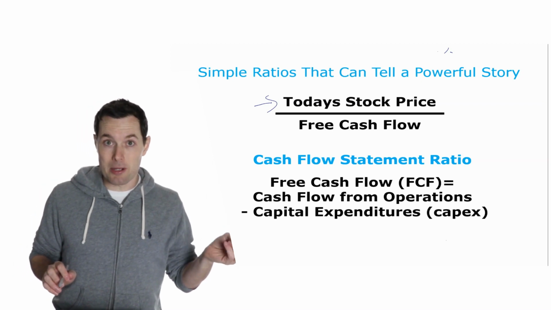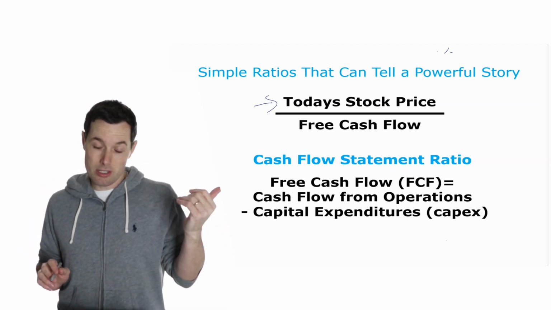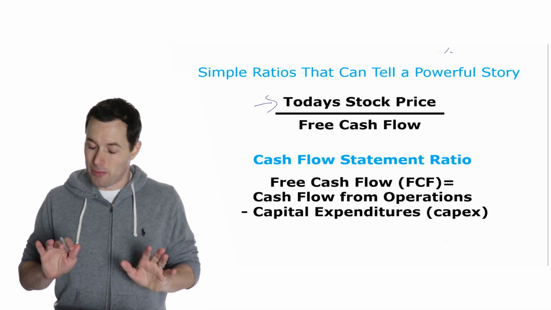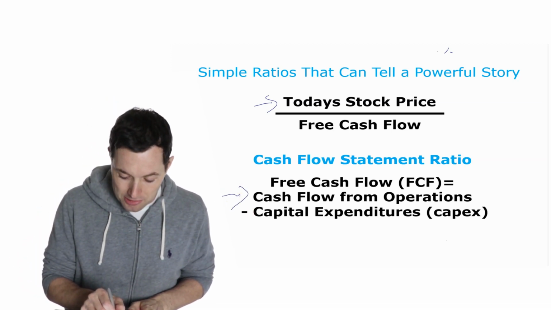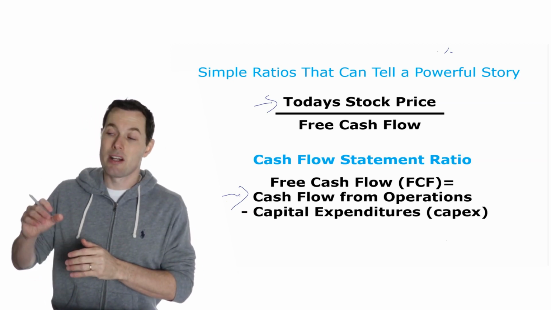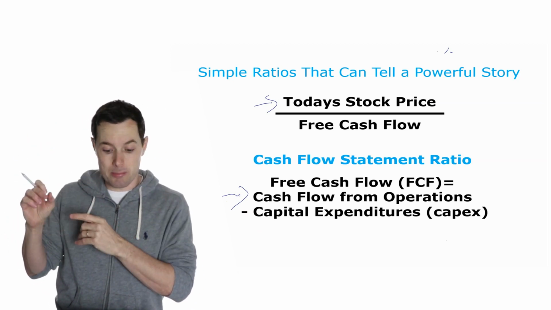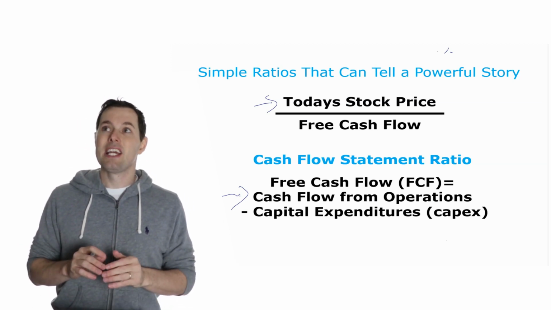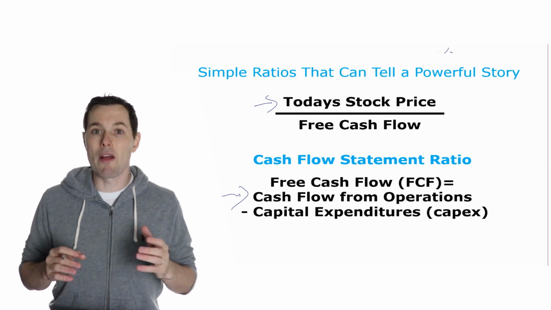So we've done the income statement, we've looked briefly at the balance sheet, and now we're on to the cash flow. To calculate free cash flow, a rough estimate of it is you take cash flow from operations, which if you ever look at a cash flow statement, that's the top section in the cash flow statement, and you subtract capital expenditures. Capital expenditures is what it costs to run the business.